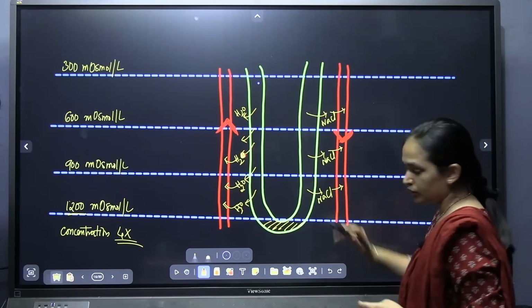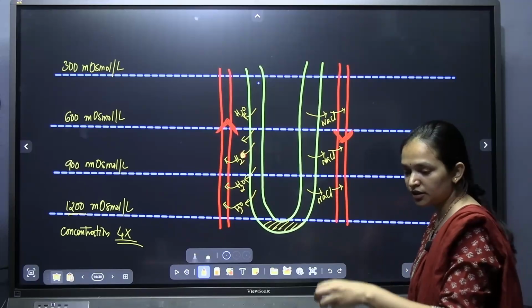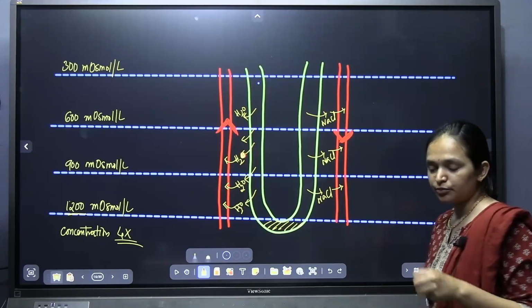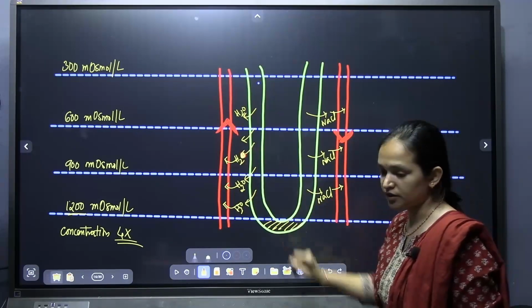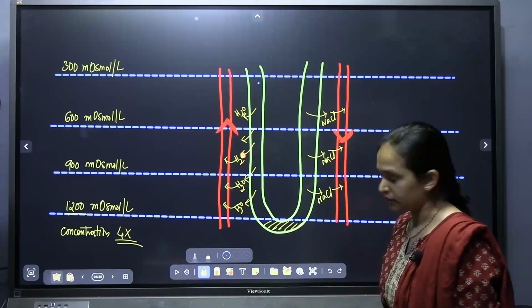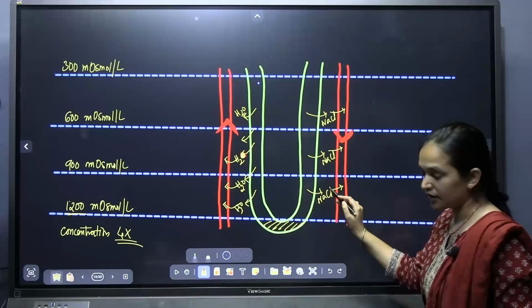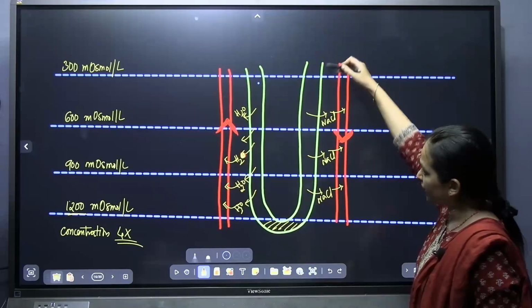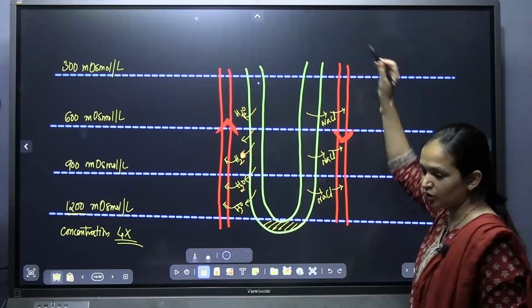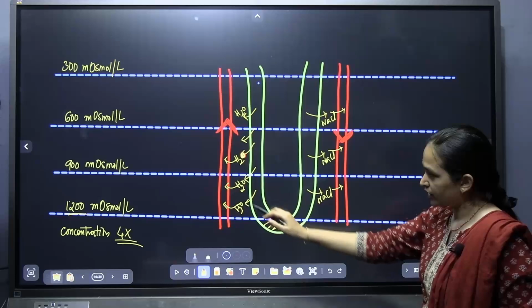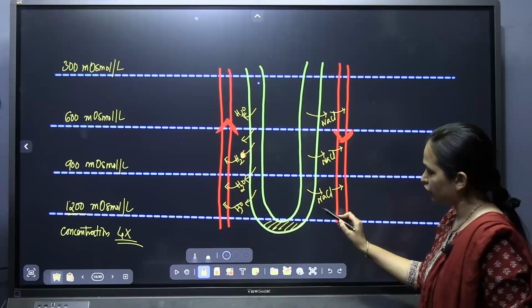So now you are taking out the lemon from it. Previously you took out the water, which increased the concentration. Now you are taking out the lemon while going up, which means it is decreasing the concentration. When you took out the water, it was 1200 milliosmol per liter.